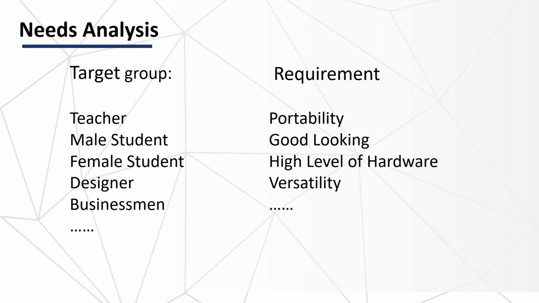As we all know, everyone needs to use a laptop. I have given some examples of the target group: the teacher, the male student, the female student, the designer, and the businessman, and the requirements of those groups are totally different.